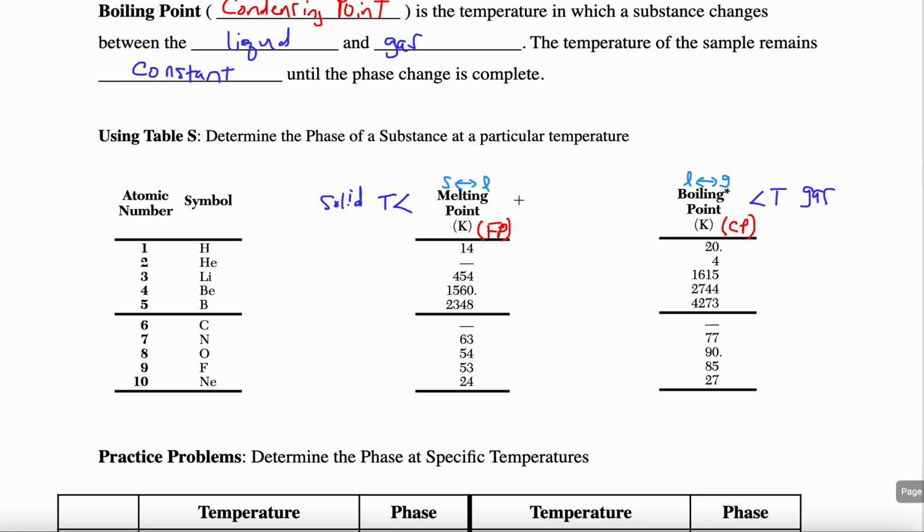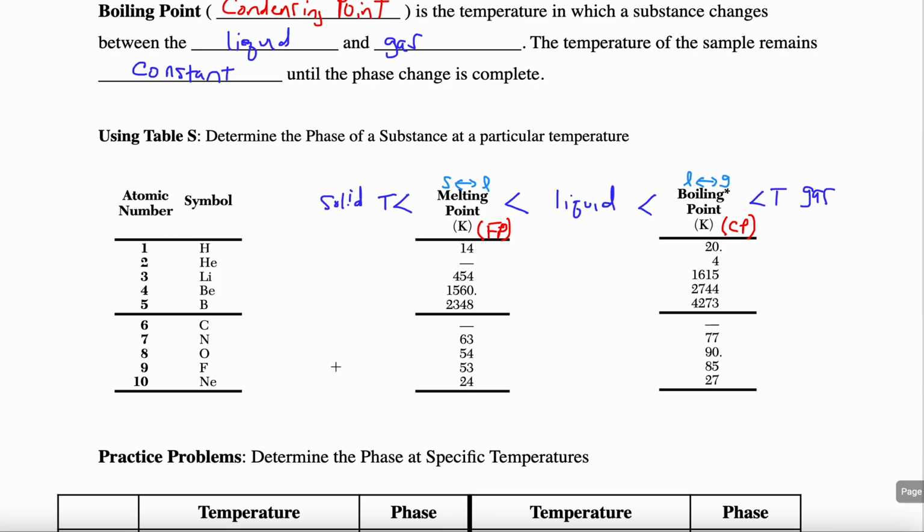Now, if the temperature that we're holding our sample at is higher than the listed melting point, but less than the boiling point temperature, so somewhere between the melting and the boiling point, then our sample is in the liquid phase.